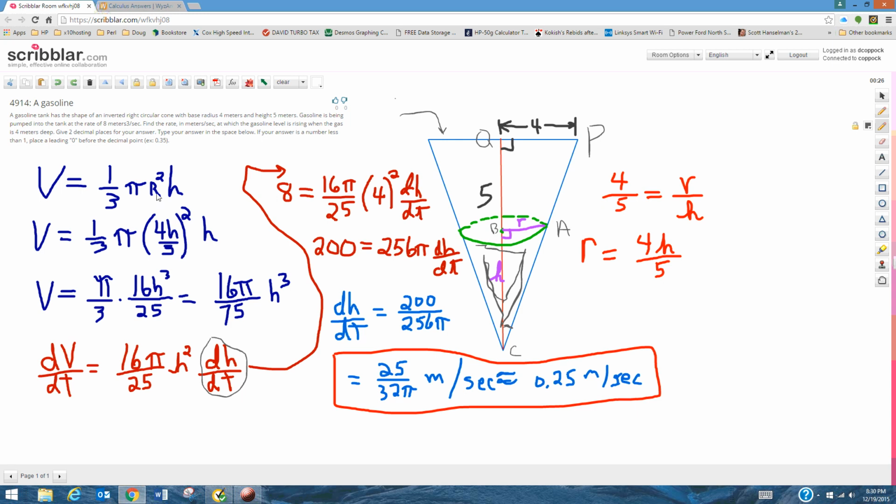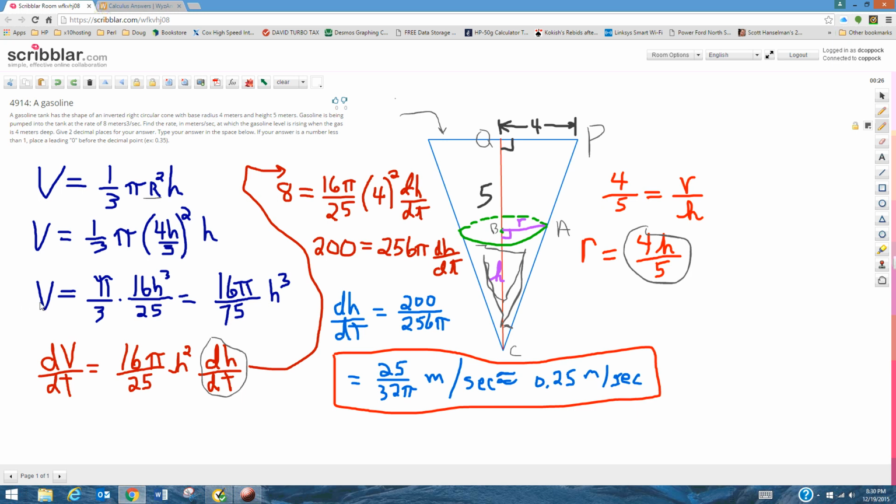So what we're going to do is plug 4H over 5 in for this value of R right here, and here's where that's been done. When we simplify this, we get eventually 16 pi over 75 times H cubed.